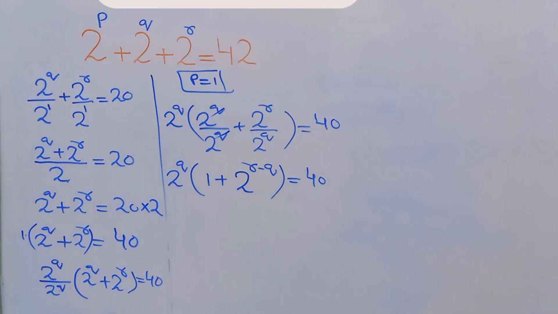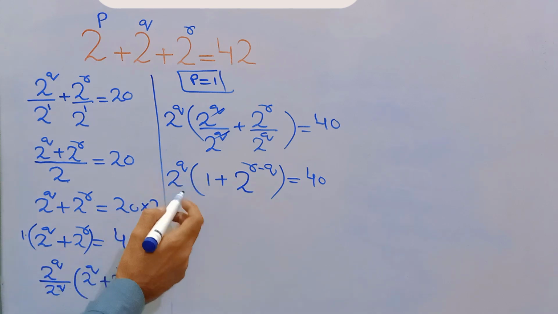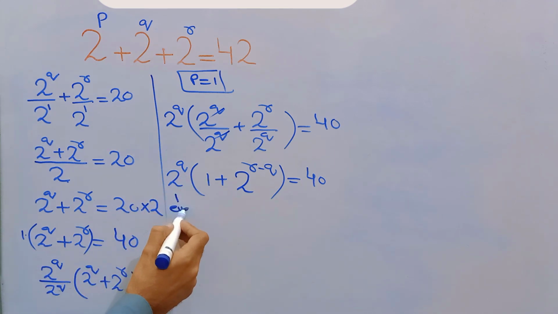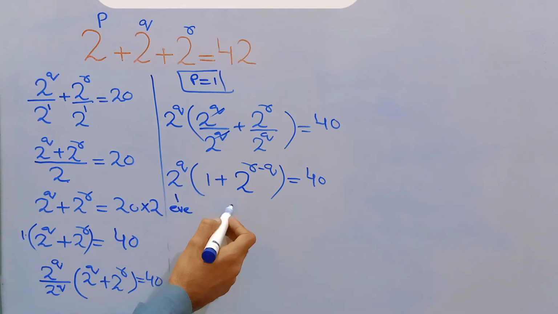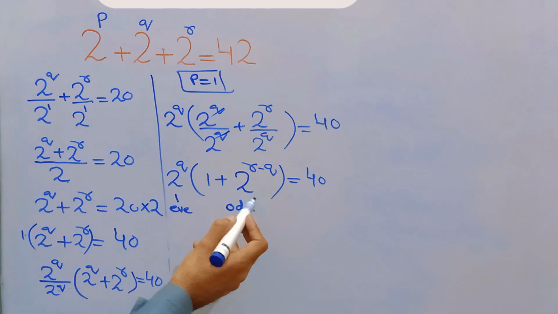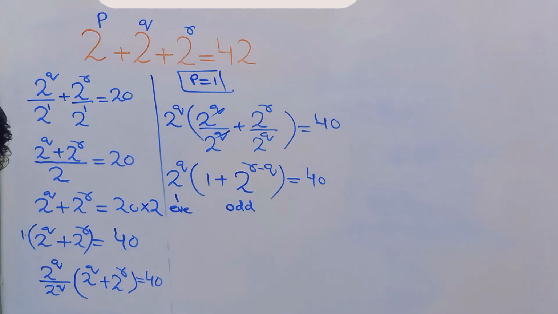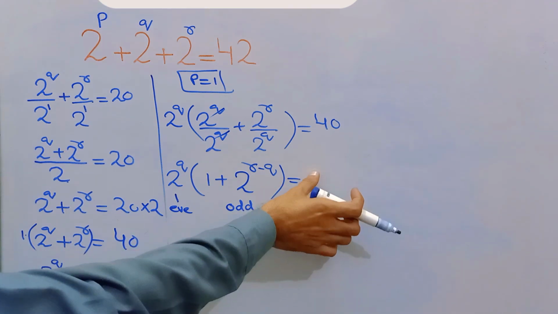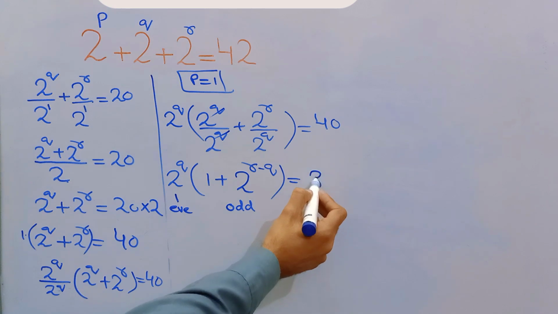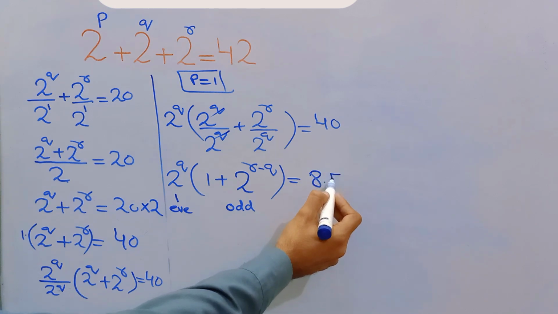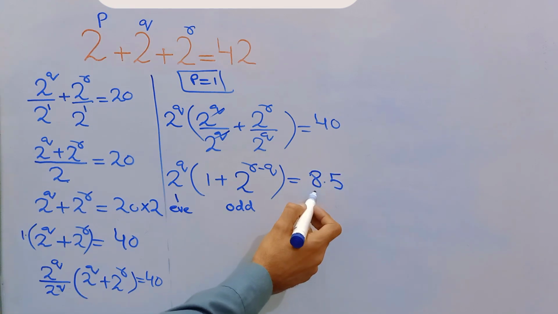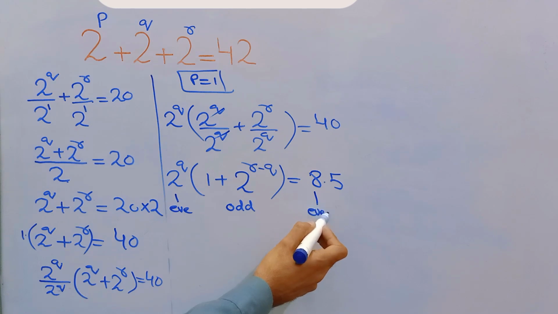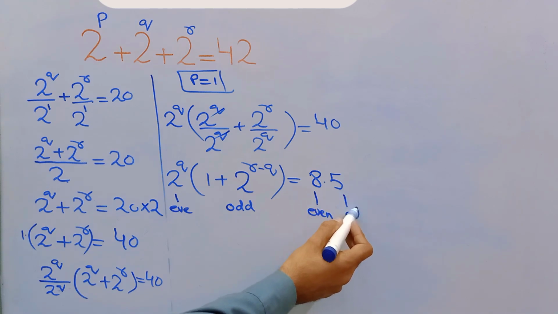Now here, since this one is even and this odd, 40 in terms of two factors, so one factor is even and second factor is odd. We have 40, it can be written as 8 times 5, and one is even and second is odd.